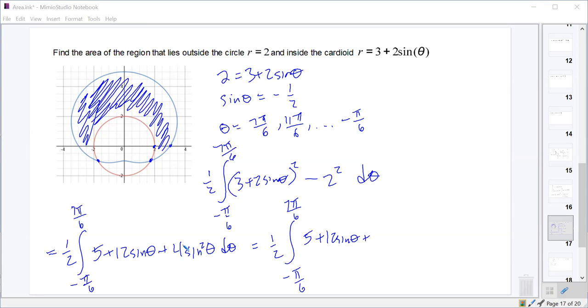And so that ought to just become a 2 times 1 minus cosine 2 theta, or plus 2 minus 2 cosine 2 theta d theta. And from there, we should be able to integrate pretty easily, yeah? Everybody good or no?